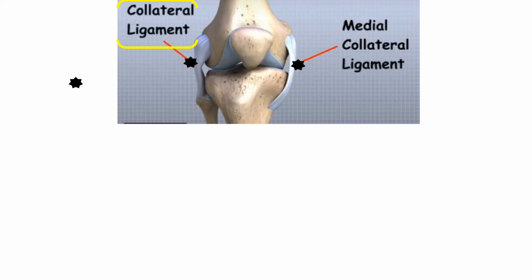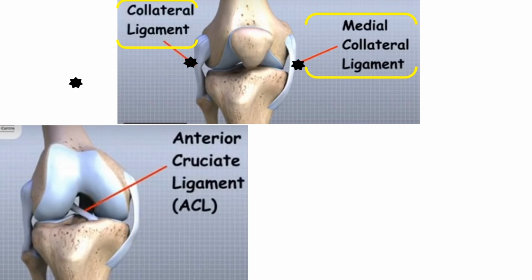And then we have the medial collateral ligament extending from the medial epicondyle of the femur to the lower part of the medial condyle of the tibia. These are called collateral ligaments, right and left.